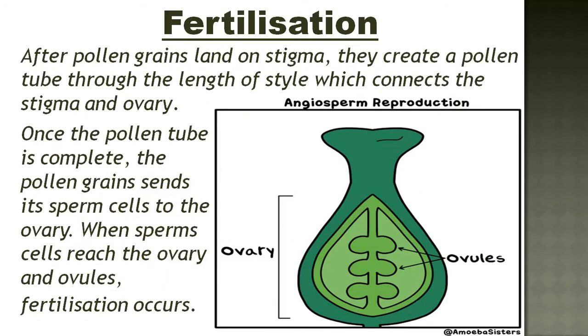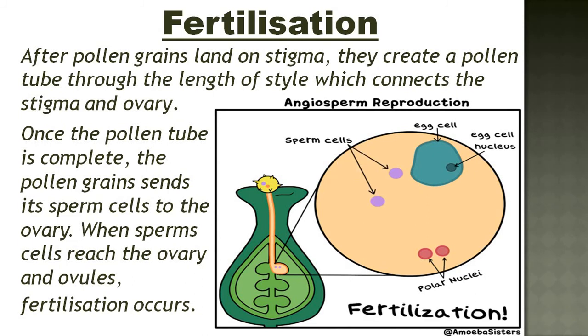The next step is fertilization. Just look at this small presentation carefully. First, you saw this pollen grain landed on the stigma. It produces a tube which enters the ovary where the ovule is present. Now a cell from the pollen grain fuses with the ovule cell.